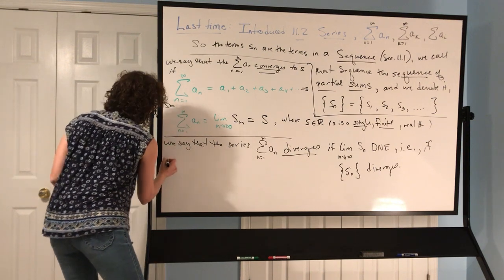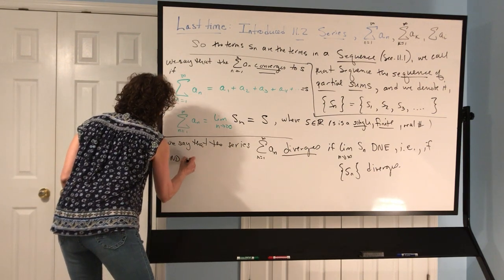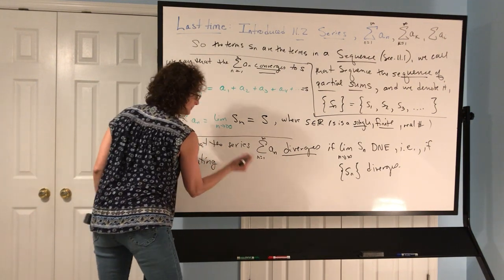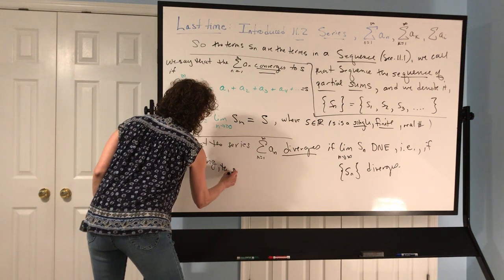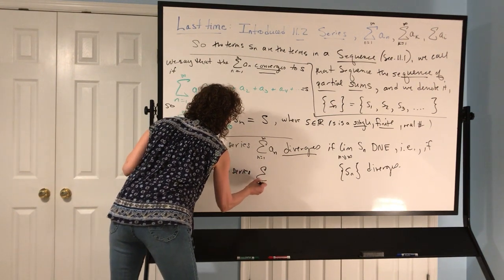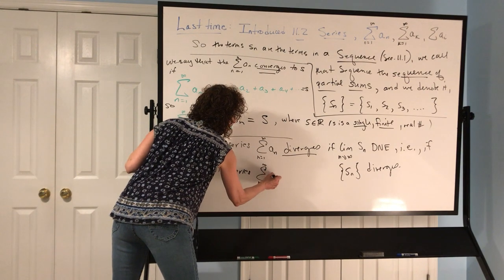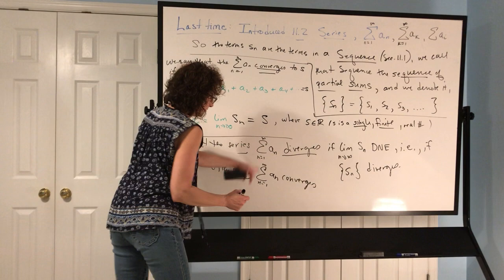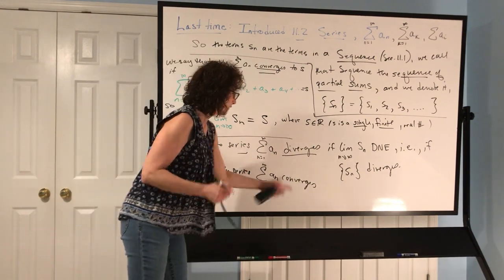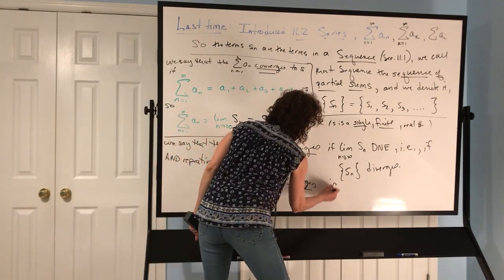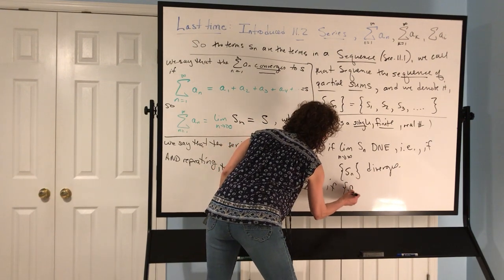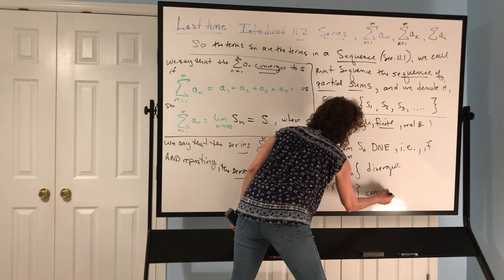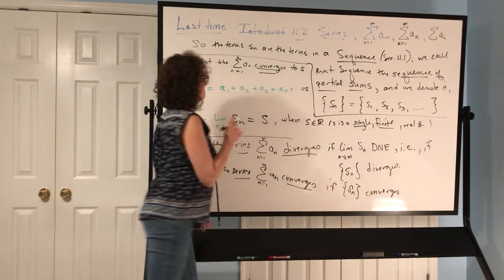Just to rewrite what I just said: the series, sum n equals 1 to infinity of a sub n, converges if the sequence of partial sums converges.